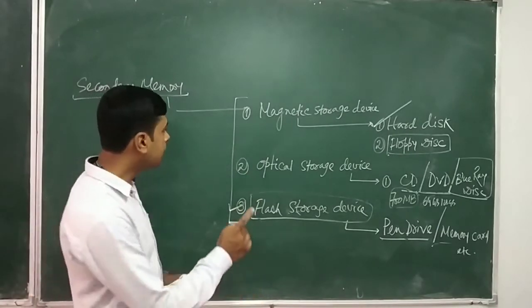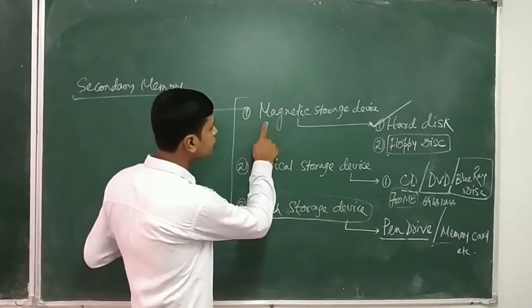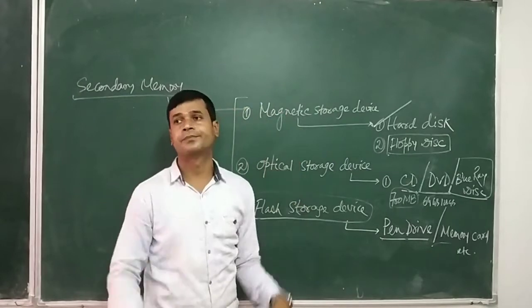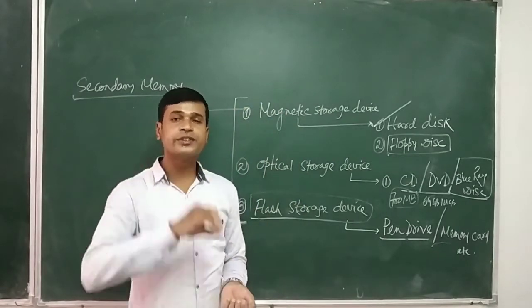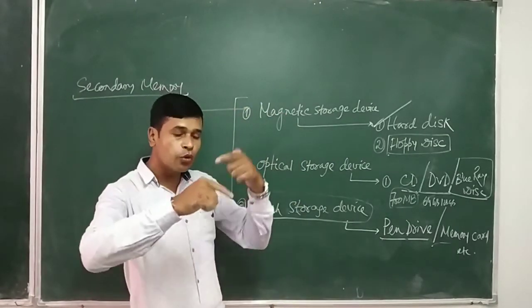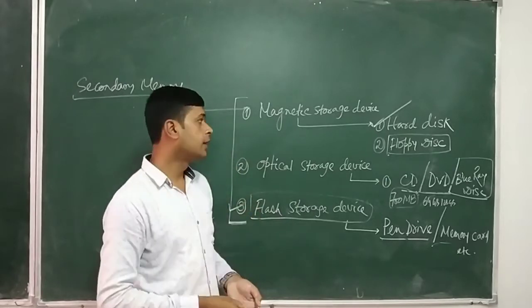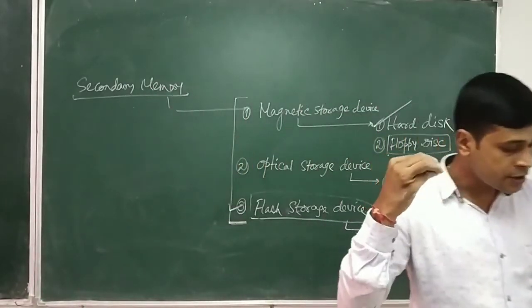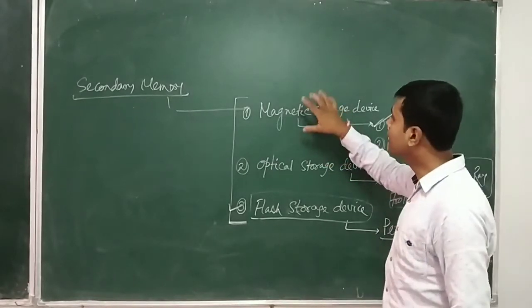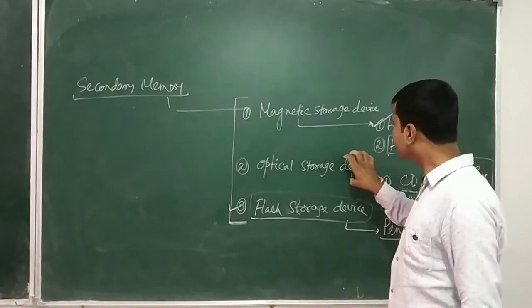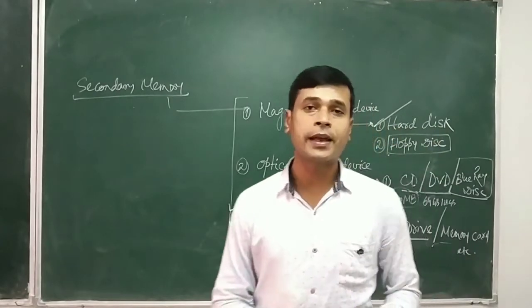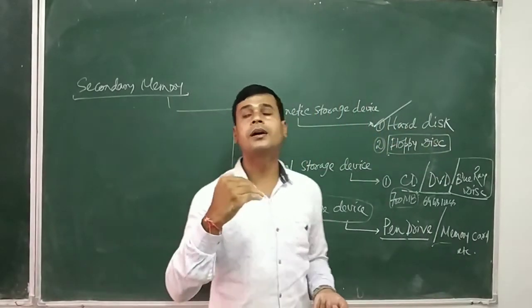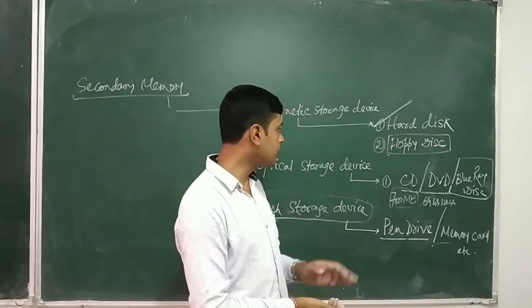Why are they called flash storage devices? In magnetic storage devices, parts are moving when they store data; they keep rotating continuously at some speed. Whereas in optical storage devices, first it will read the information, and read and write information.